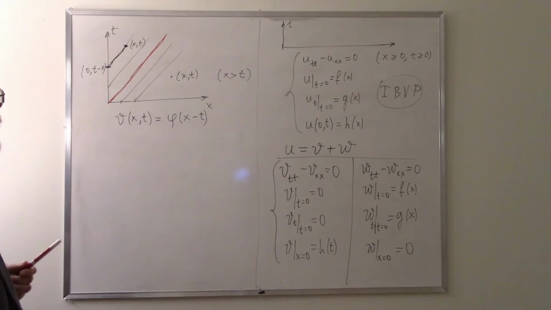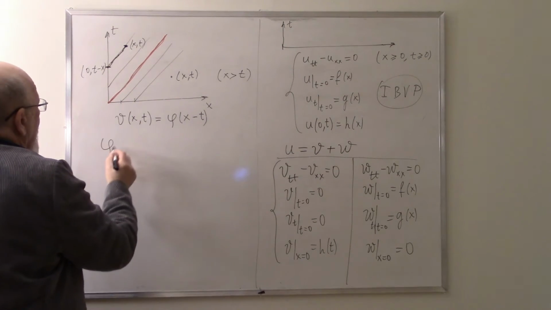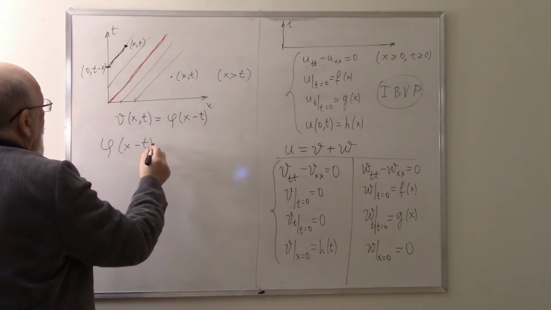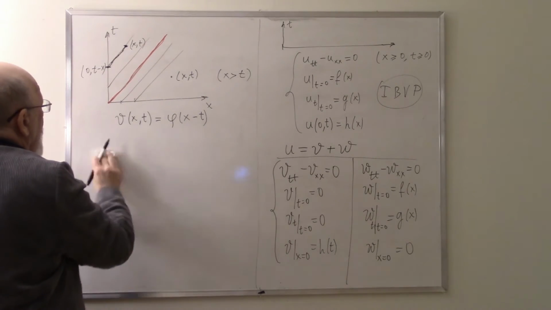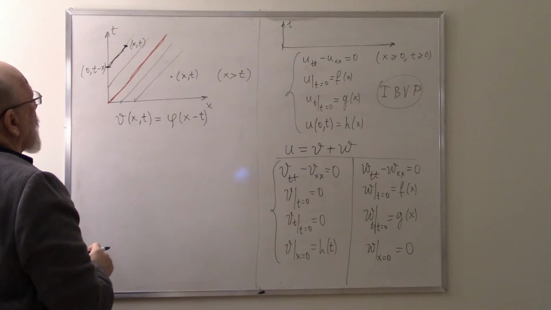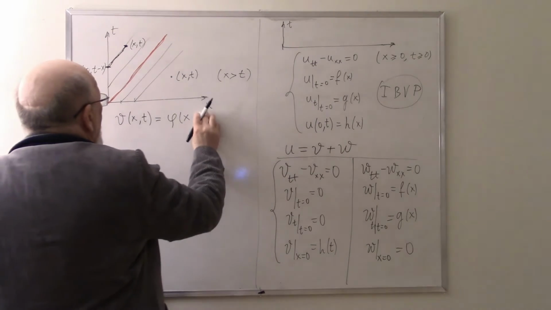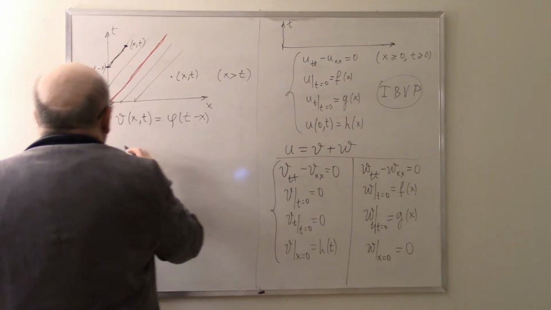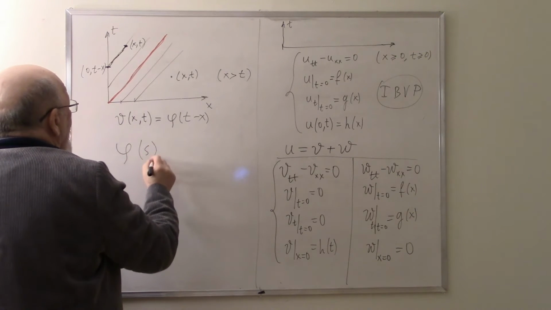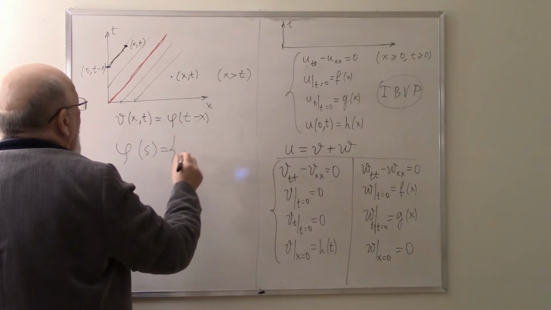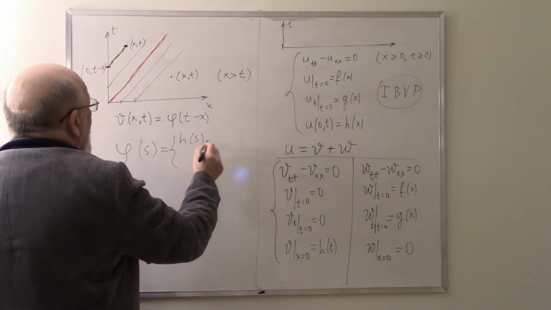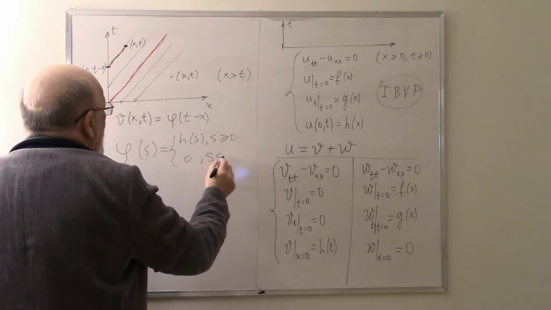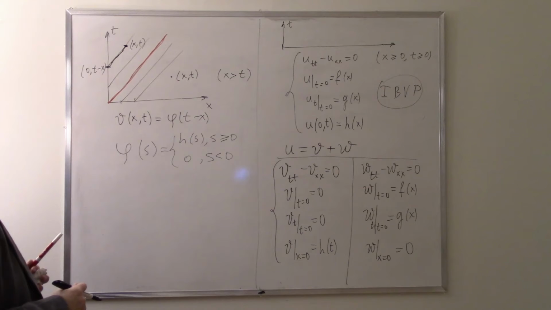So we write phi of s equals h of s for s greater than or equal to 0, and 0 for s less than 0.